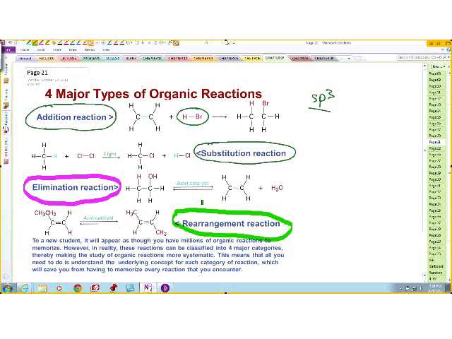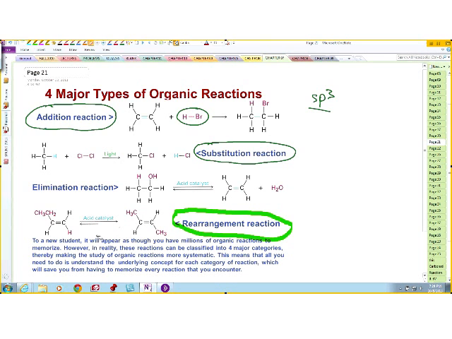In the rearrangement reaction, all we are doing here is rearranging the molecule. Okay, what do we have here? We start with this alkene, 1-butene, and in the presence of some kind of acid catalyst, we are now forming 2-butene.